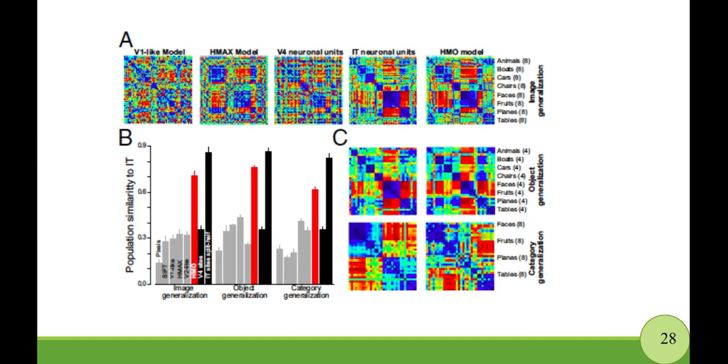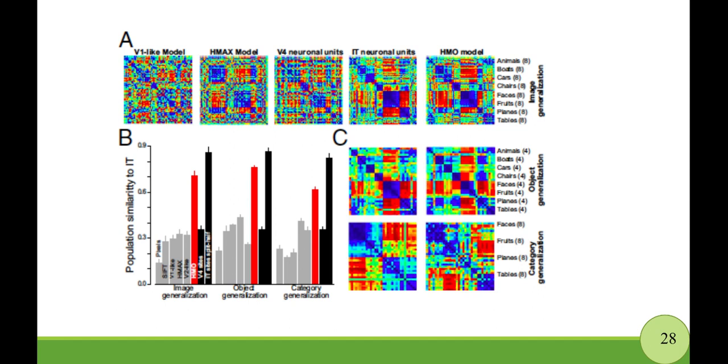It's kind of completely matching. But they also did object generalization, which means we have four animal objects or four boats, cars, in terms of objects, and they see the performance is still good for their models compared to the IT. So this is IT, this is HMO. In terms of category, it's a little bit not that great for the models, but it means we still need to consider that it's capturing it to a good extent.